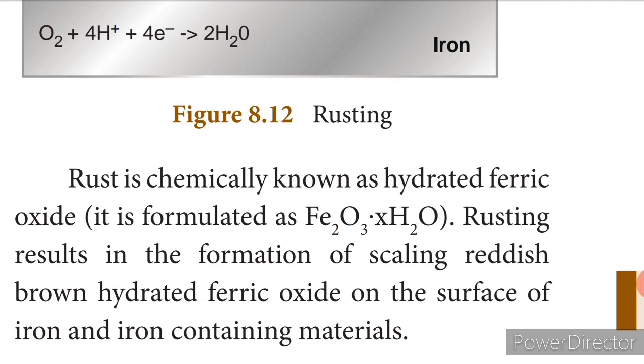Why is it hydrated? Because it combines with the moist air. Now you can see the formula on the screen, that is Fe2O3.xH2O, because it contains water molecules. So the reaction between the iron, oxygen and the water molecules leads to rusting. The rust that is formed, the brown powder, is nothing but hydrated ferric oxide. It will be a reddish brown powder because the ferric oxide is formed at the surface of the material.